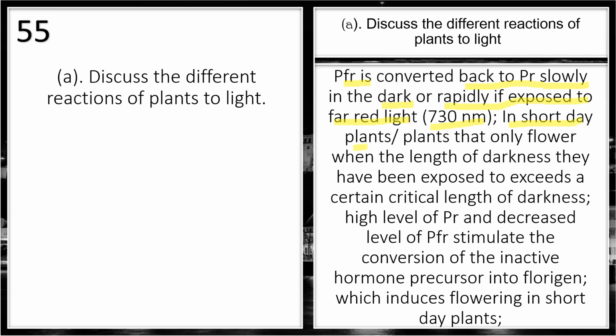In short day plants, which only flower when the length of darkness they have been exposed to exceeds a certain critical length of darkness, a high level of phytochrome red and decreased levels of phytochrome far red stimulate the conversion of the inactive hormone precursor into florigen, which induces flowering in short day plants.